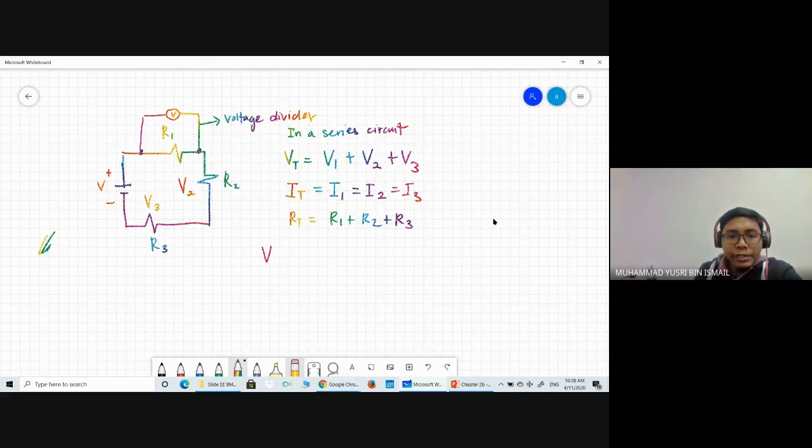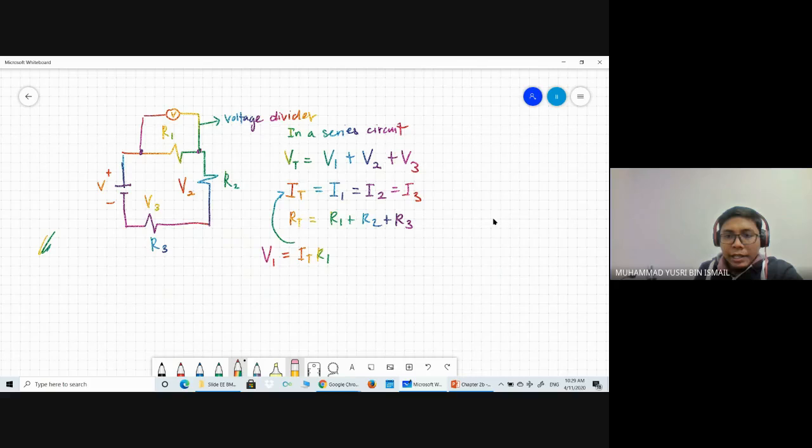So voltage at 1 equal to I total times R1. And then for I total, you will refer to the I total from here, which is I1 equal to I2 equal to I3.